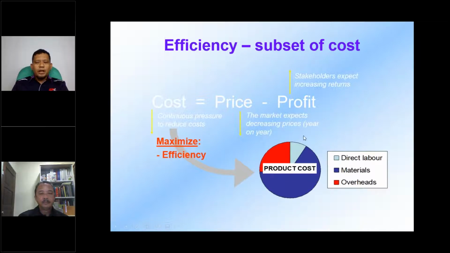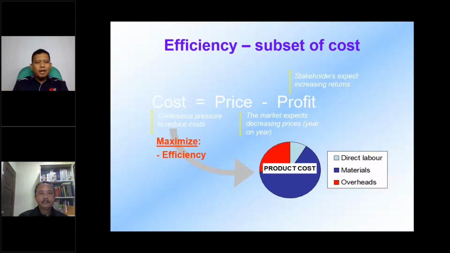Look at how you spend on overheads, how you spend on materials, so that you will always be ahead of your competitors. Some competitors, when they have no choice, increase the price, but you can maintain the price. Then you will become what we call the preferred supplier to them.